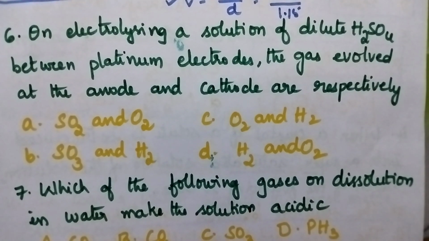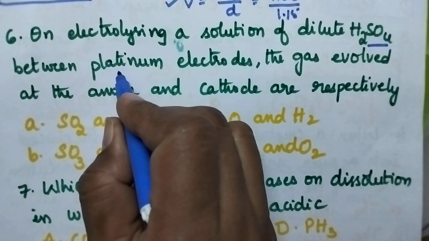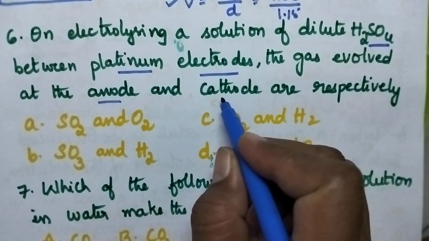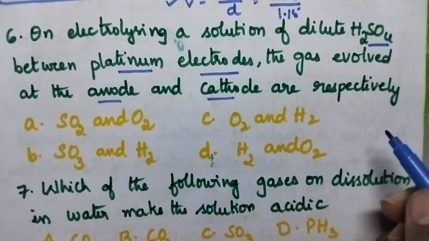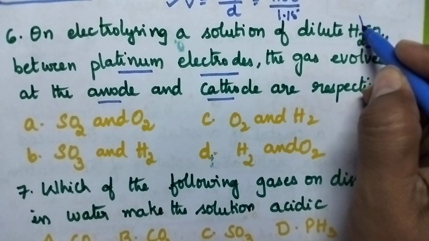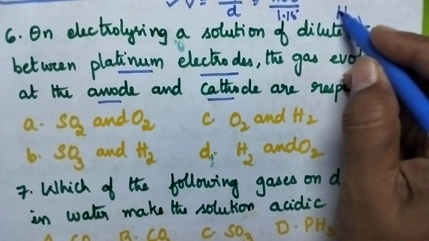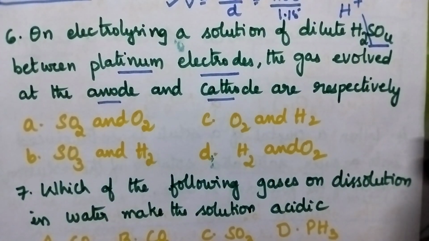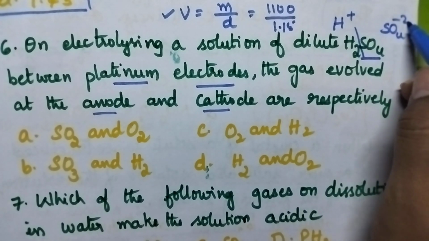On electrolyzing a solution of dilute sulfuric acid between platinum electrodes, the gases evolved at the anode and at the cathode are respectively? On electrolysis, the cations will move towards the cathode. Here the cations are H plus ions. Anions will move towards the anode, and here the anions are SO4 minus 2.